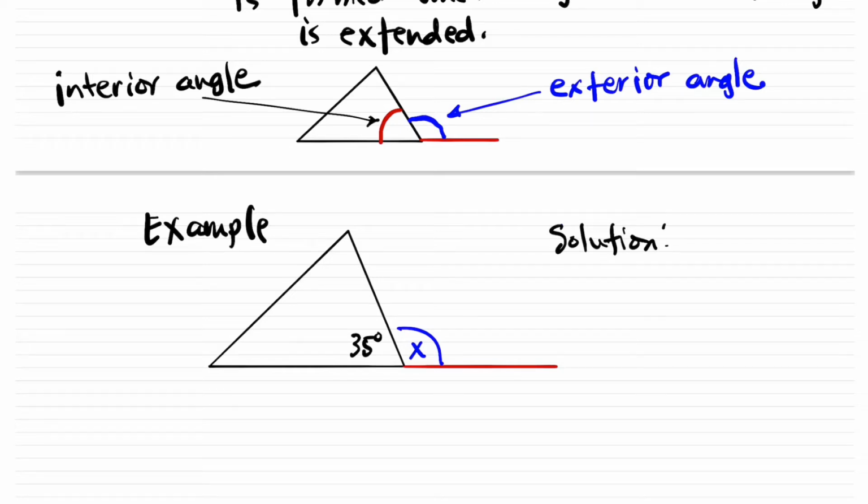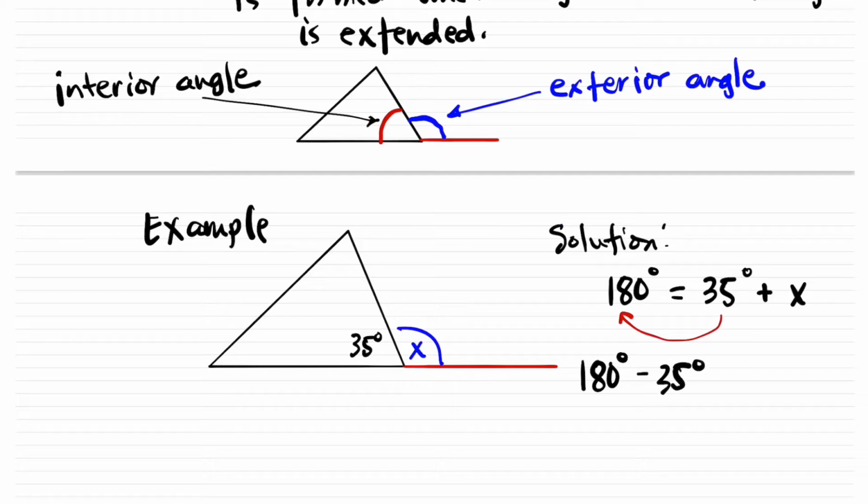Since it is equals to 180 degrees, it would be 180 degrees is equals to 35 degrees plus x. Correct? Next we move this one here, so it becomes 180 degrees minus 35 degrees is equals to x.